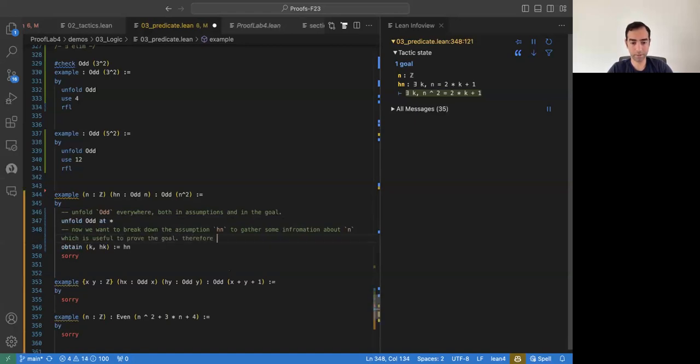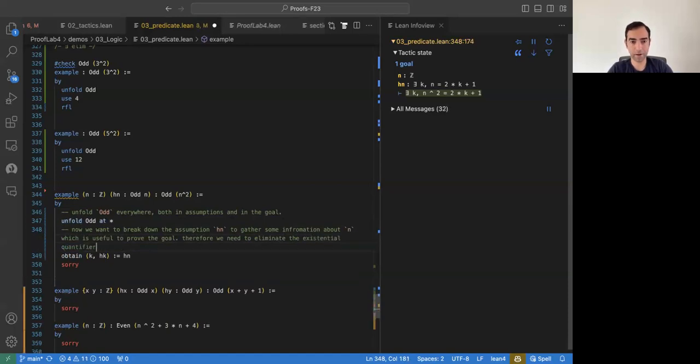Therefore, we need to eliminate the existential quantifier. Does anybody remember how we eliminated the existential quantifier? Maybe we actually didn't cover it. It's possible.